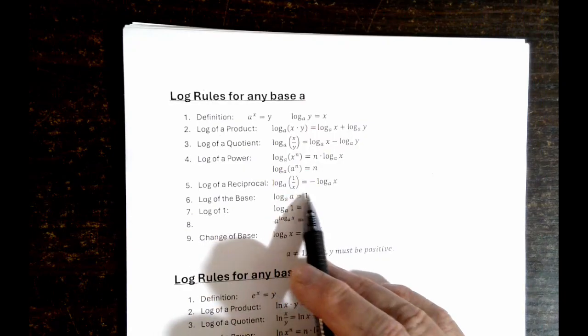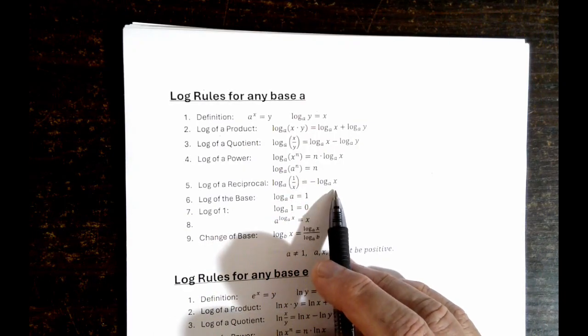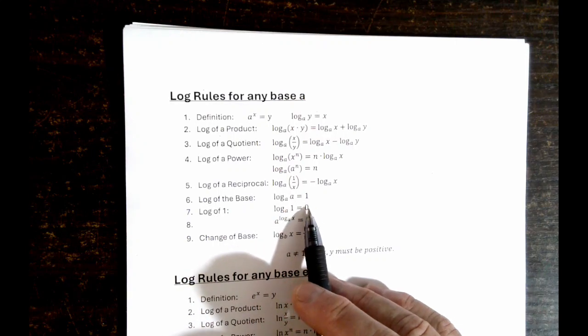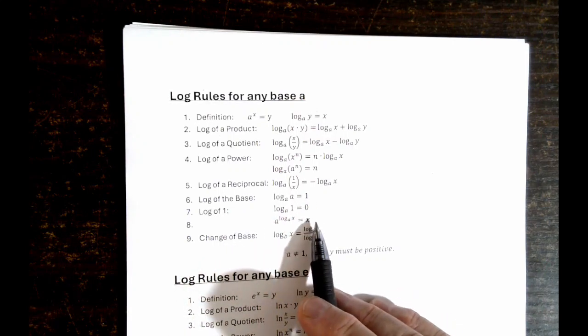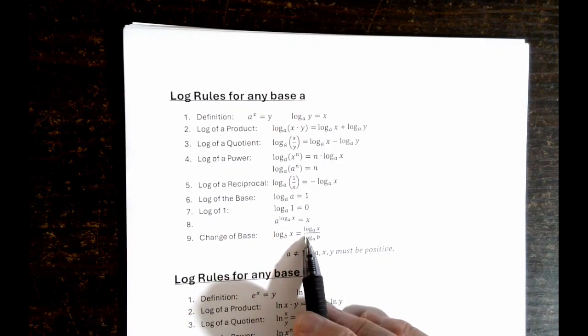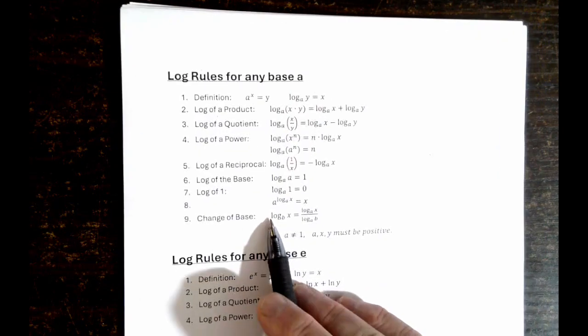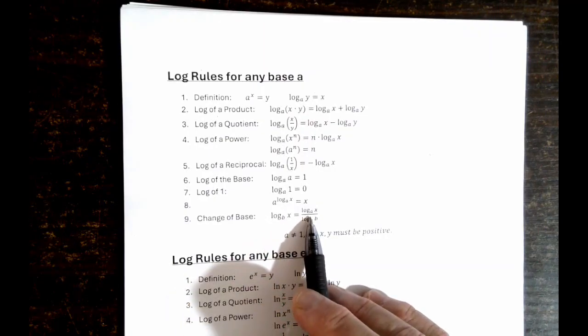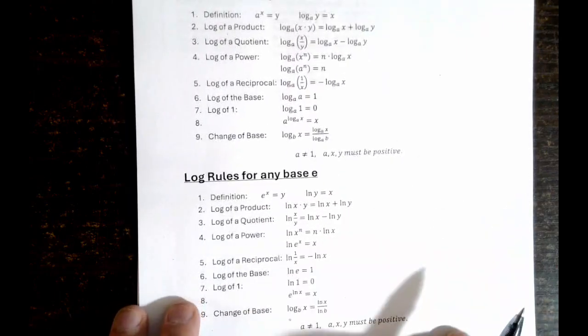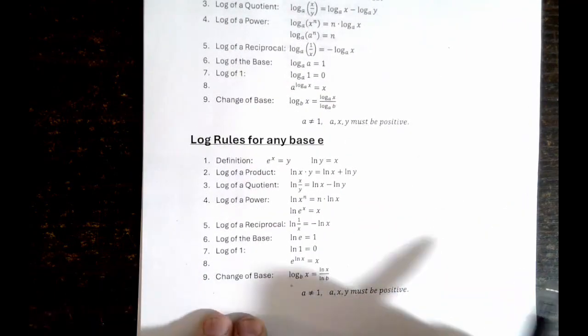Log base a of 1 over x equals negative log base a of x. Log base a of a is just 1. Log base a of 1 is 0. A raised to the log base a of x is just x. And your change of base, log base b of x equals log base a of x over log base a of b. The same thing's true for natural log.